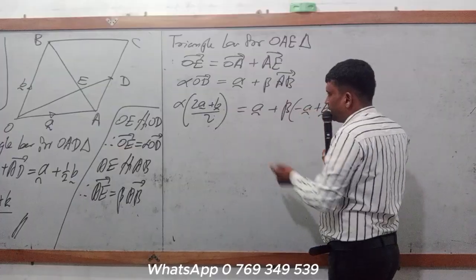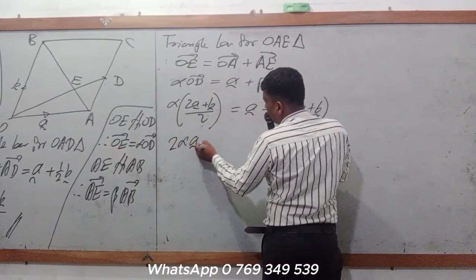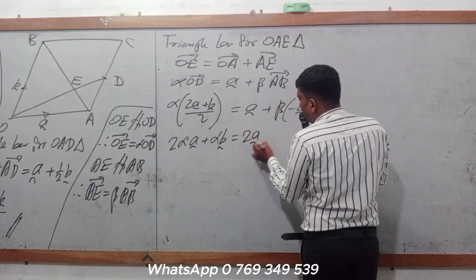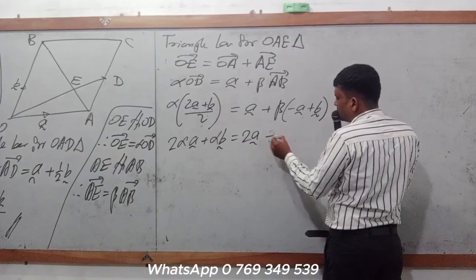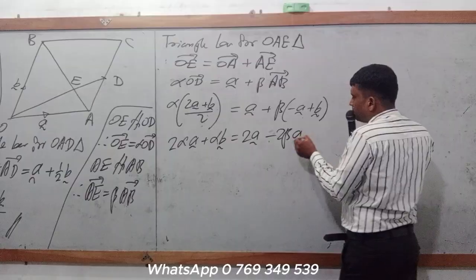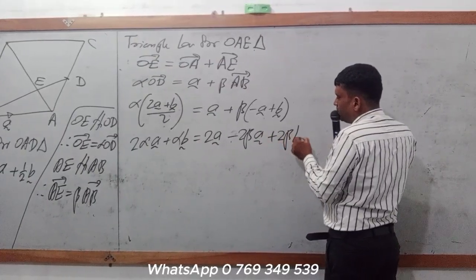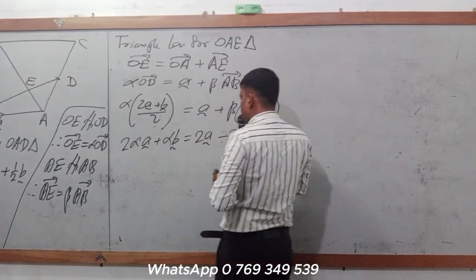Now you can multiply those things by 2: 2 alpha A plus alpha B equals 2A, not plus, minus 2 beta A plus 2 beta B, right?